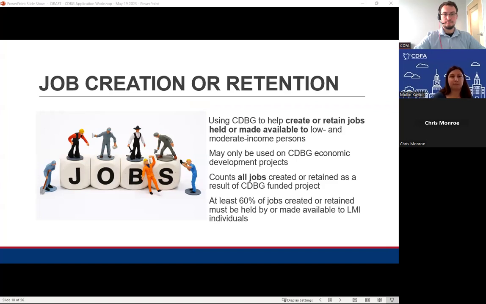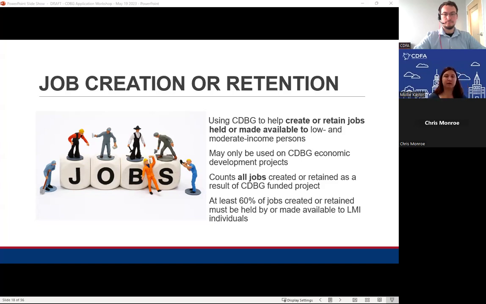If you're applying for funding through the economic development program, the activities that are going to be funded with CDBG must either create permanent jobs on a full-time equivalent basis, with at least 60% of those jobs being held by or made available to low and moderate income persons, or the activities must retain at least 60% low and moderate income jobs and meet the other requirements that are set forth in the regulations.